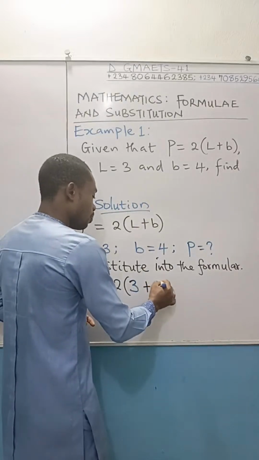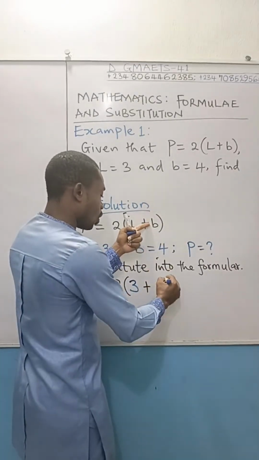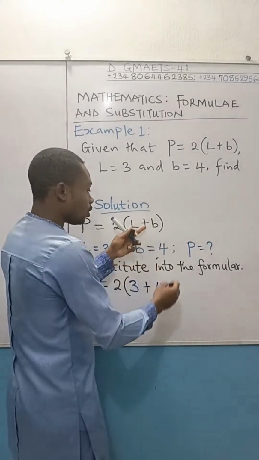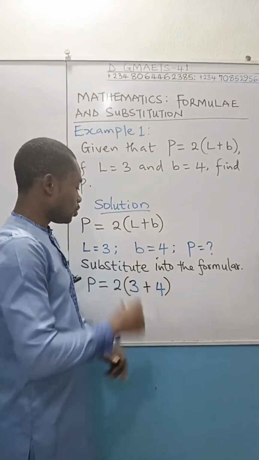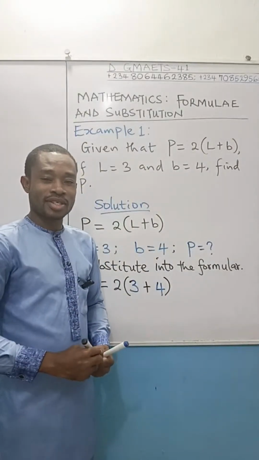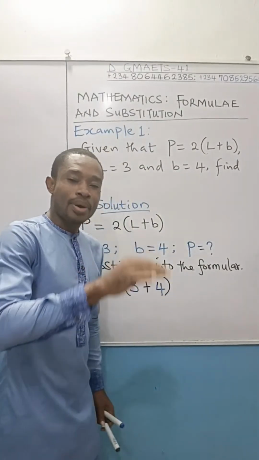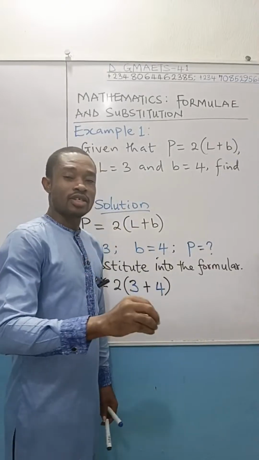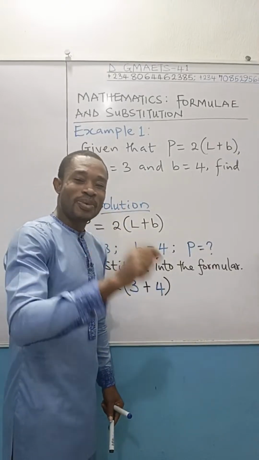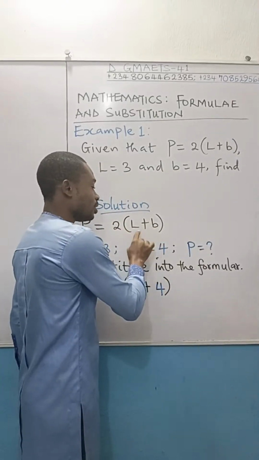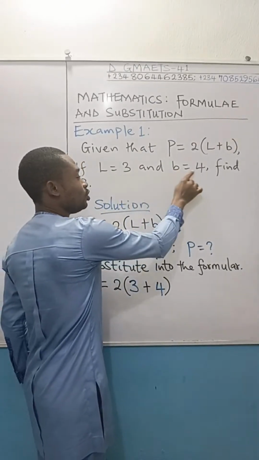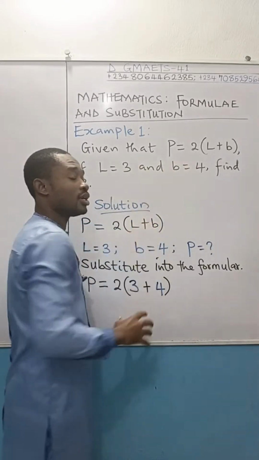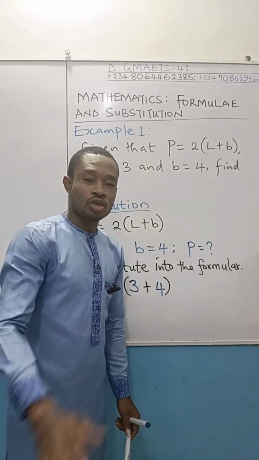So you replace that B in the formula with 4. Put 4 for B. That is substitution. Then you close. This is interesting. You see how step by step I did my substitution. I replaced the symbols L and B with their values, with the numbers representing them. That is what we call substitution.